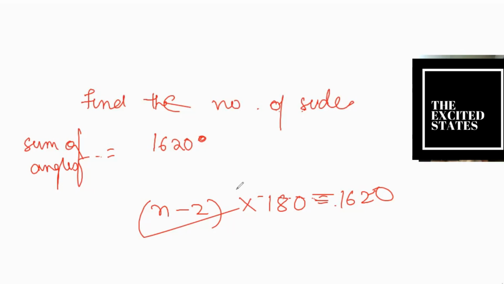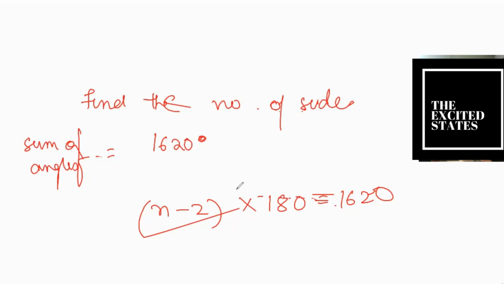Wait. 13 sides. 1620 divided by 180 is, what are you getting when you divide 1620 by 180? 9.